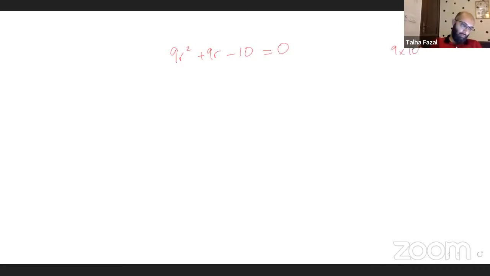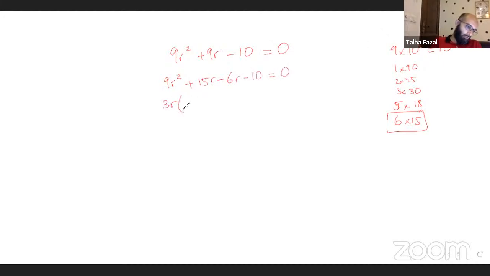So I have 9 times 10, which is obviously 90. 1 times 90, 2 times 45, 3 times 30, 5 times 18, 6 times 15. I think 6 and 15 will work. We can use 9r squared plus 15r minus 6r minus 10 is equal to 0.